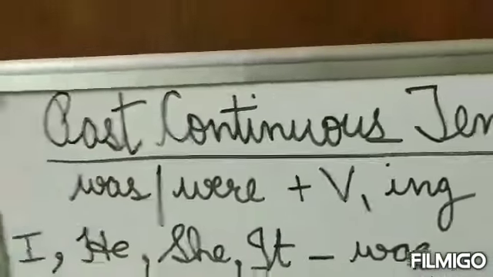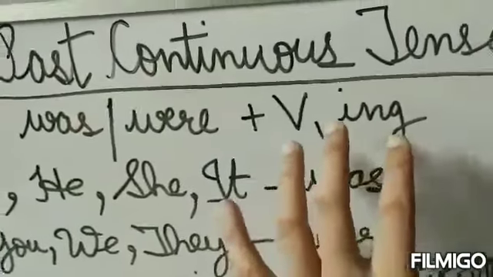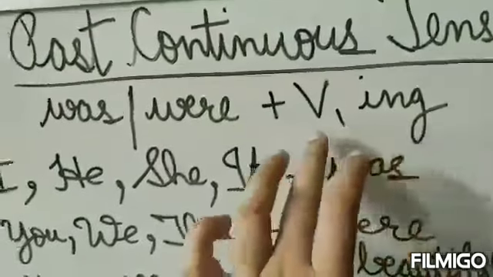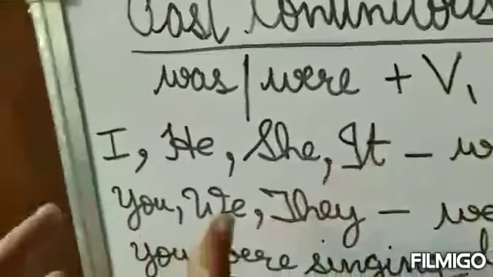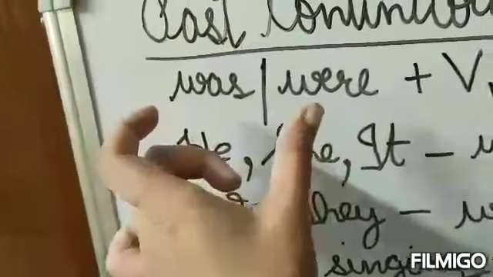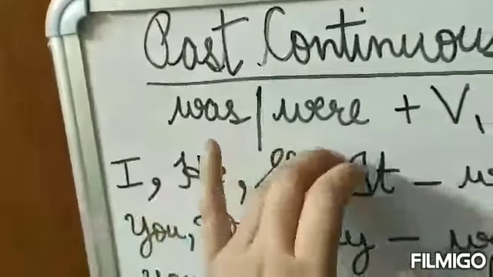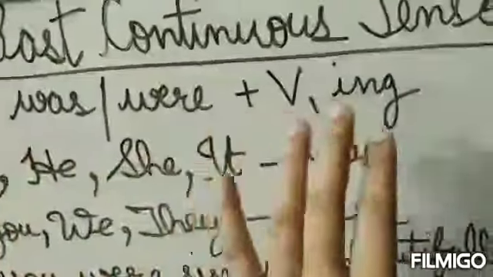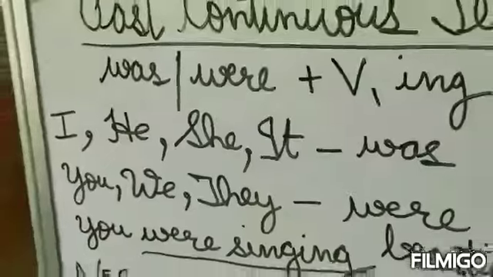The second form of past tense is past continuous tense. As you know, in continuous forms we always use ing. We add ing to the root form of the verb. So in past continuous tenses we'll use either was or were as the helping verbs, plus the ing form of the main verb.